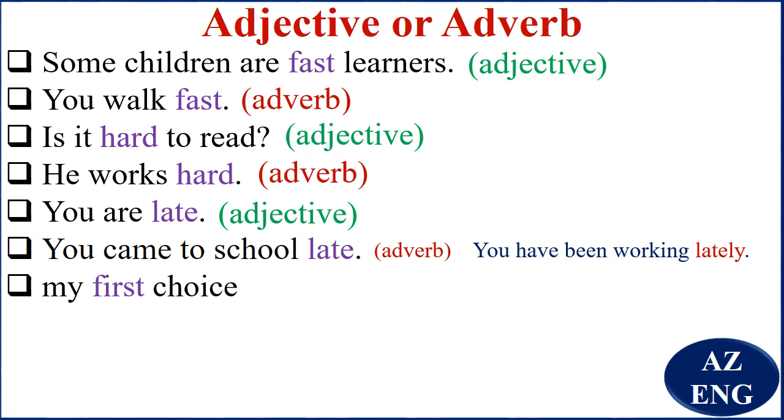Then here, my first choice. If I say my first choice, the word first is an adjective. And if you can remember our previous videos, it's not every dictionary that shows the word first as an adjective. There's a dictionary that you see that it is an adjective, and there's a dictionary that you see that it is a determiner, like the Oxford Advanced, like the Cambridge Advanced.